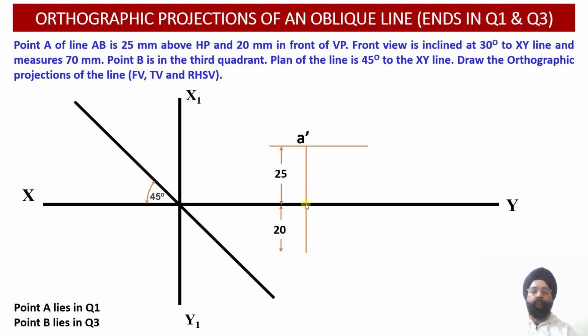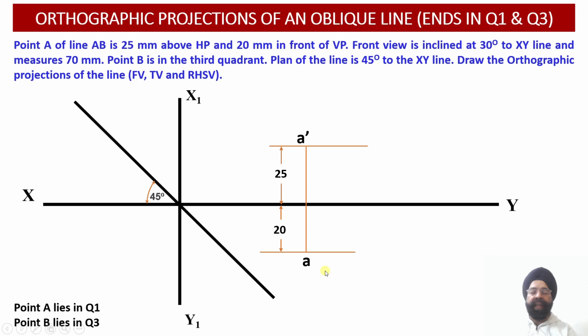Similarly, the top view projection of the end A will be lying 20 millimeter in front of the vertical plane, so 20 millimeter below the XY reference line we have to draw the top view corresponding to the end A.